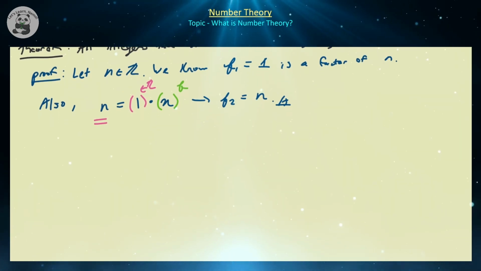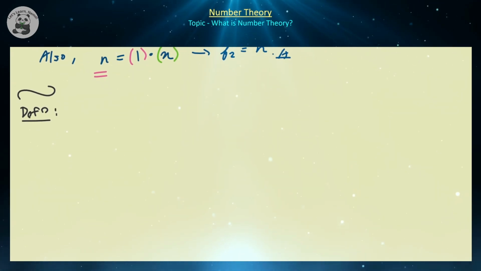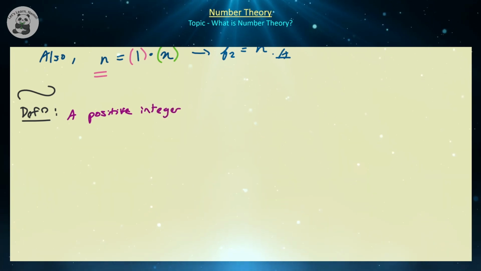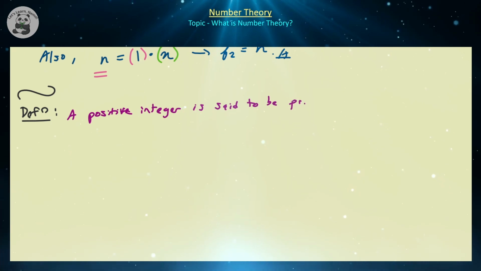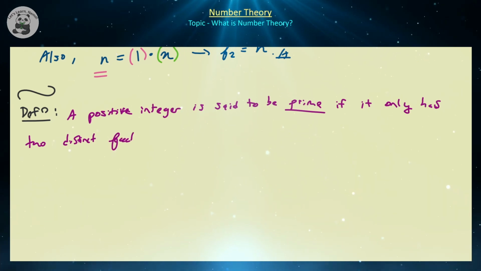Okay, so let's define a very important class of numbers that people tend to find a lot of interest in. A positive integer is said to be prime if it only has 2 distinct factors.